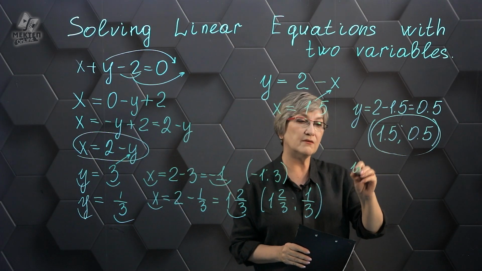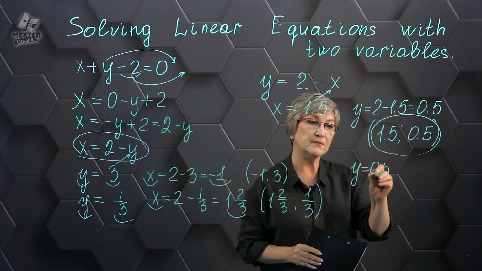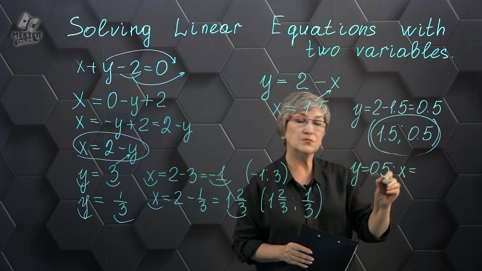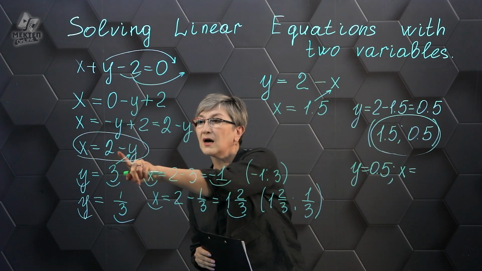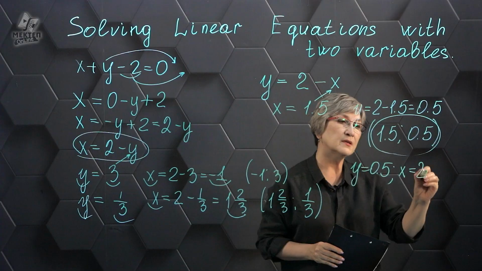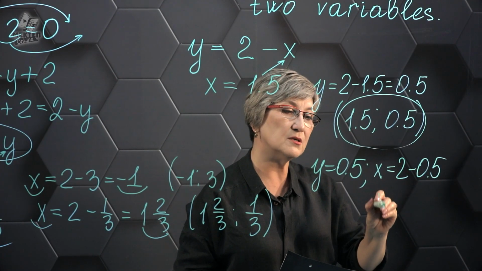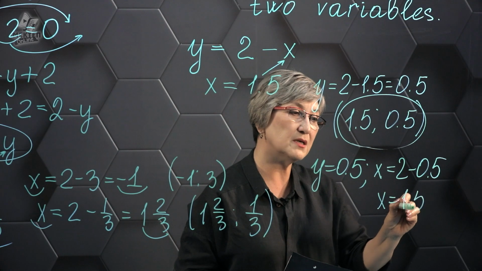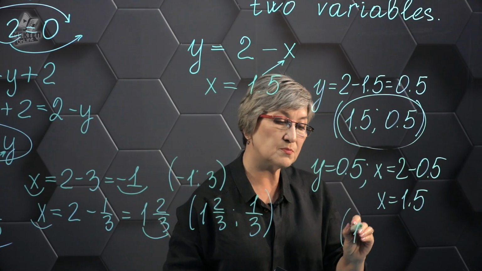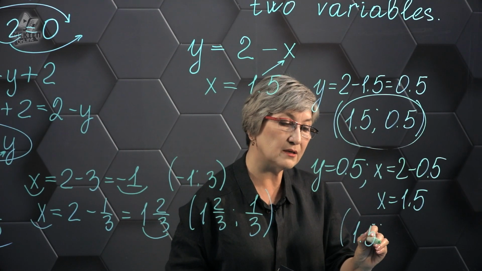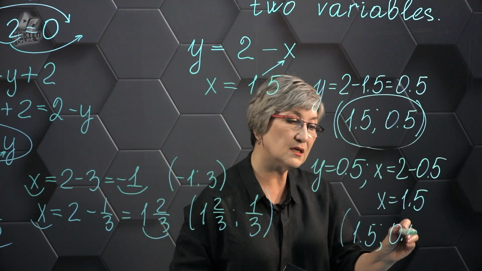If y is 0.5, then x will be equal to 2 minus 0.5. And then we will see that x equals 1.5, and we end up with the same answer, 1.5 and 0.5.